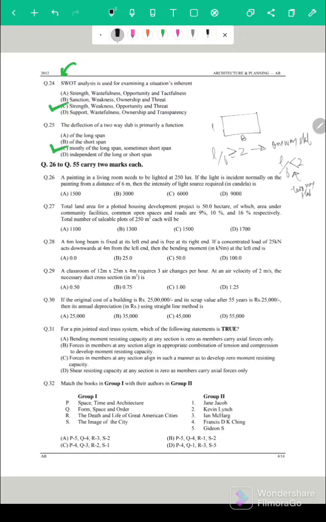So there are few differences in one-way slab or two-way slabs. So one-way slabs is generally supported by only by beams, only two sides, but a two-way slabs supported by beams in all four sides.